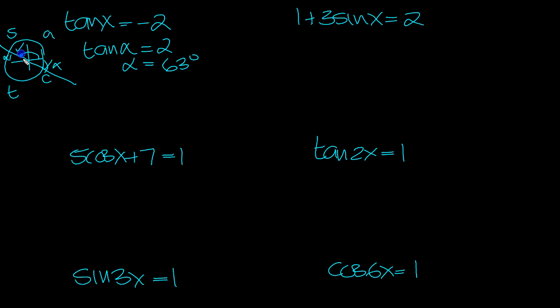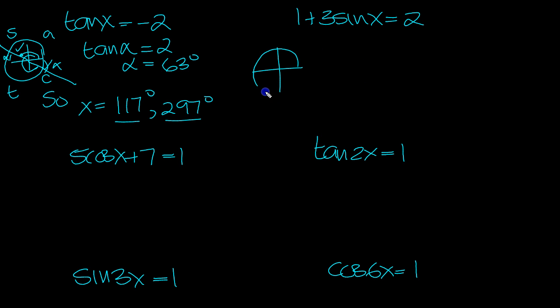There's the first solution from the picture: 180 back 63 is 117. And the next solution is right around to here: 360 back 63 is 297 degrees. Yeah, I think that's right. In the book it says 296, so it's slightly in error. Hopefully it's not a rounding error on my part.